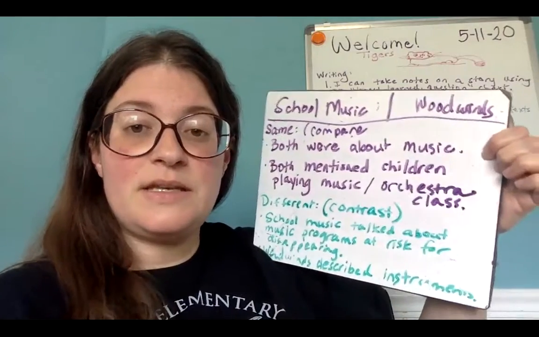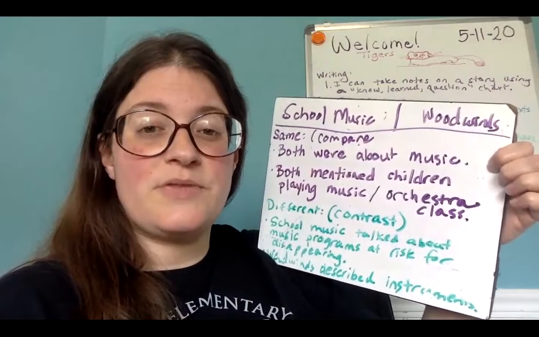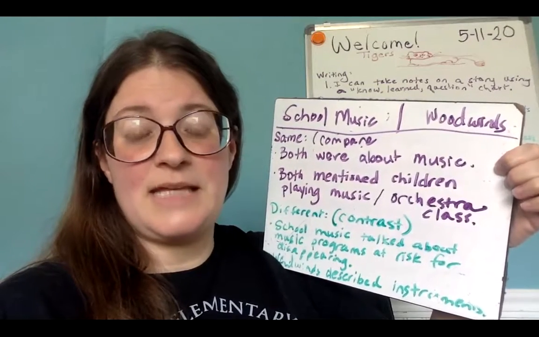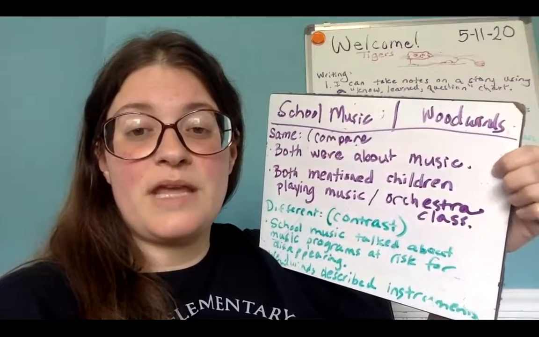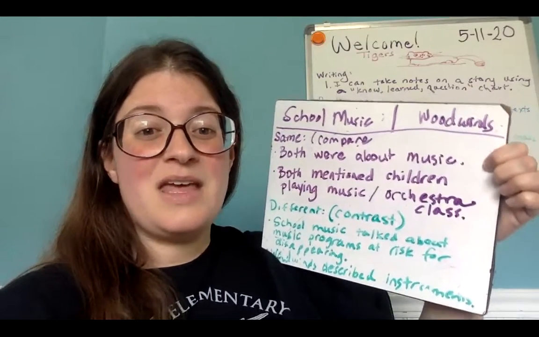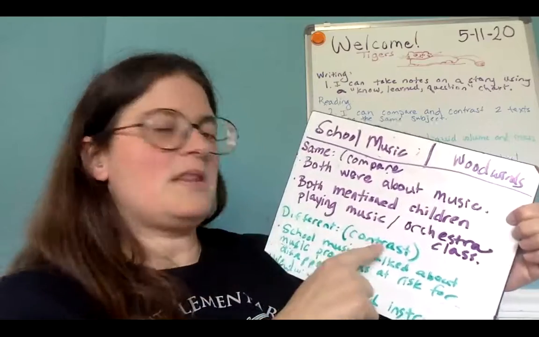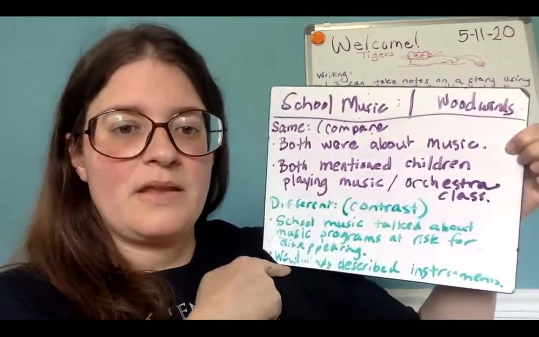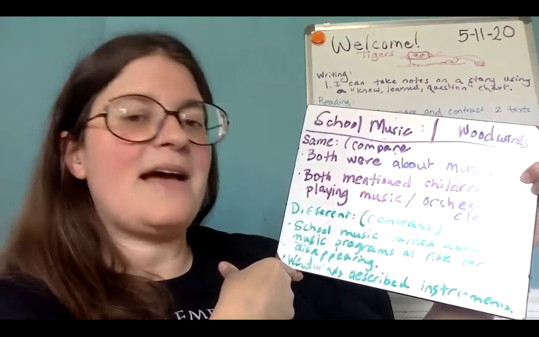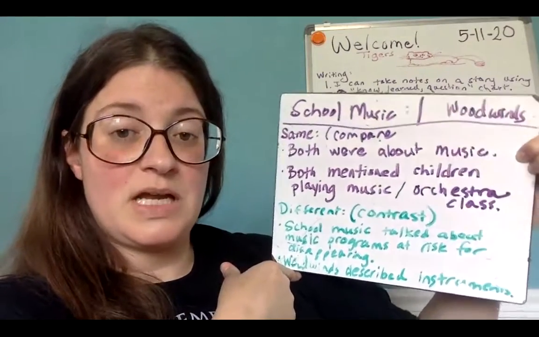So I noticed that even though the articles were different, they both were about the same subject and they mentioned some of the same things. So when you are thinking about the two articles, I want you to think about how they are the same and then how they are different, the contrast. I said, school music talked about music programs at risk for disappearing.